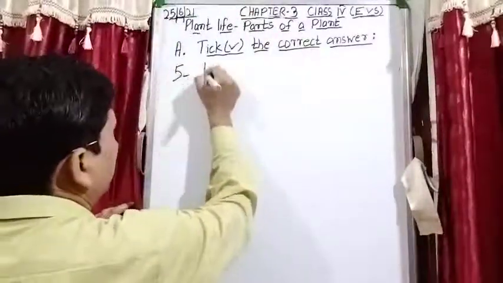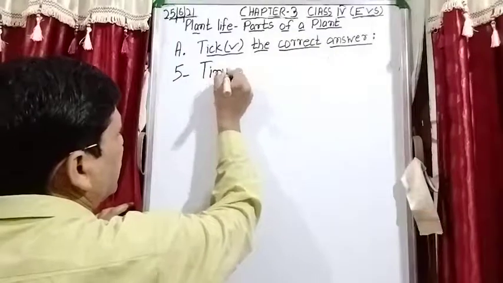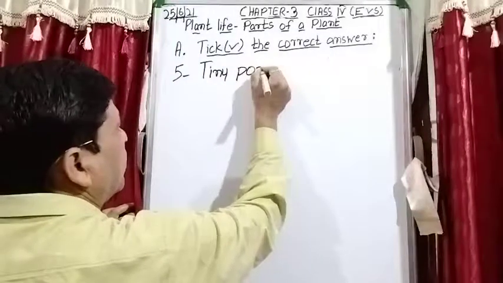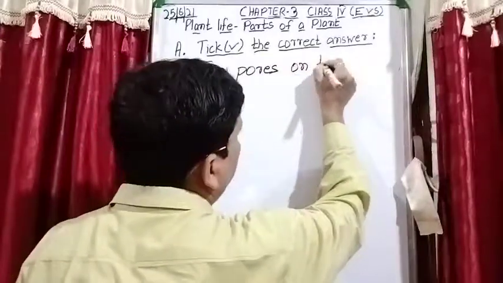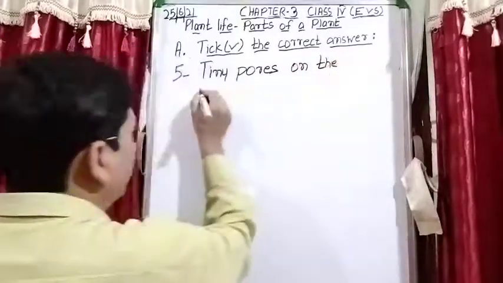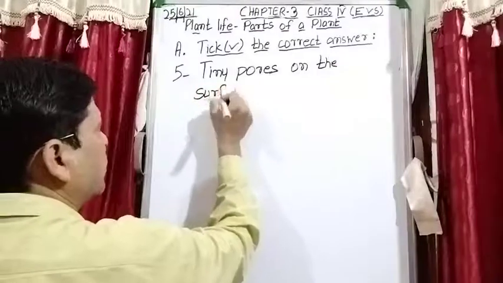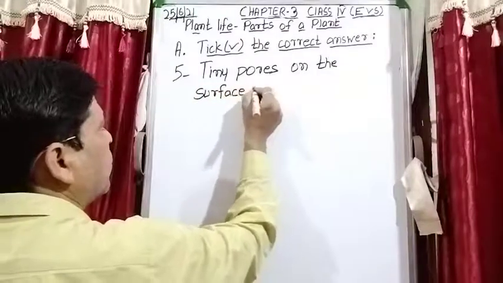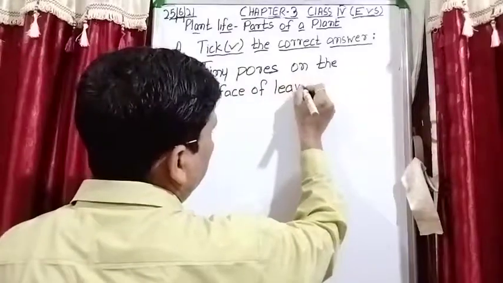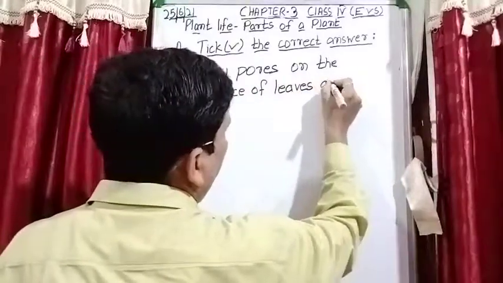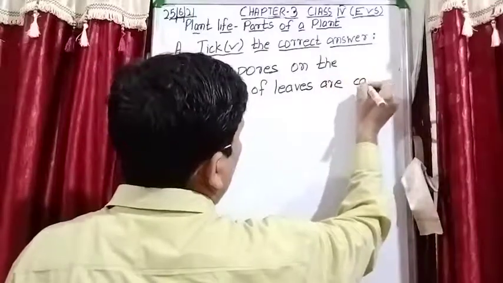Fifth one, tiny pores on the surface of leaves are called it.